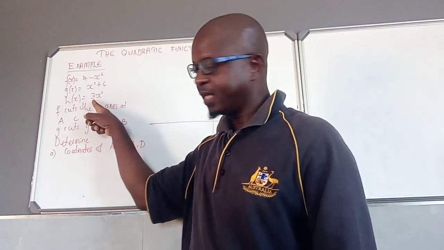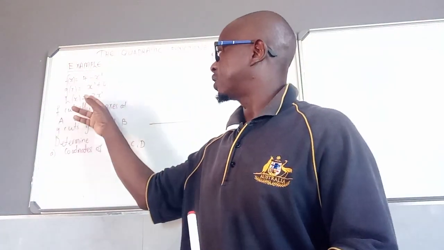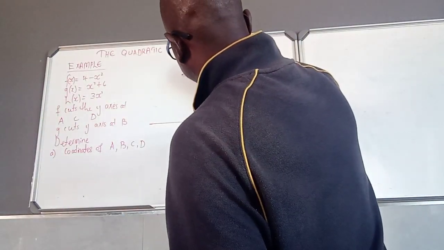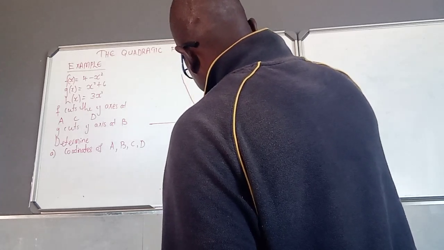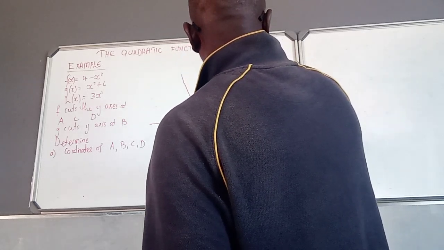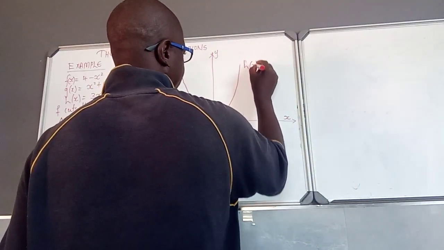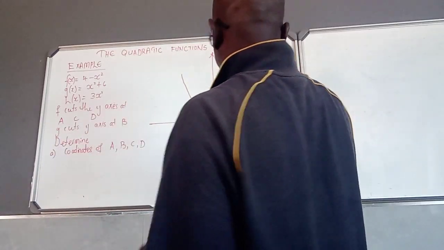And the 3 here says that we are multiplying this function by 3 so that it affects the graph and draws it towards the y-axis. So we can start by drawing the graph of y is equal to x squared, this is h of x is equal to 3x squared.